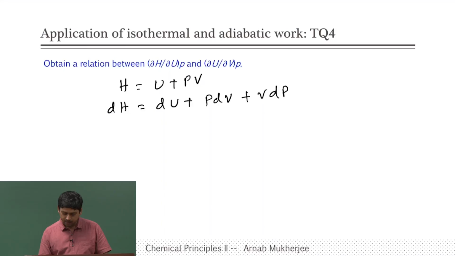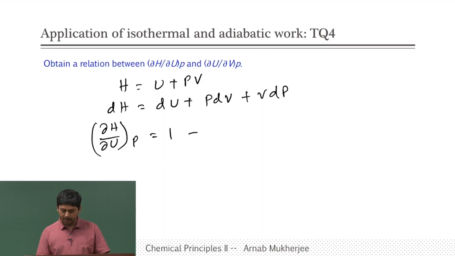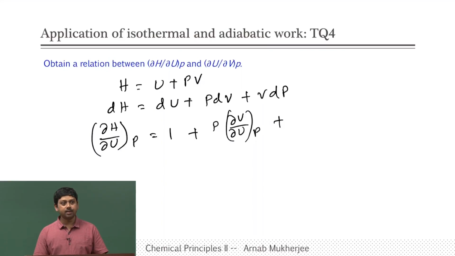Now, we are going to take the derivative with respect to u, del h by del u at a constant p. So, it will be del u by del u going to be 1, right, plus p del v by del u at a constant p, plus v del p by del u at a constant p, but dp is 0. So, this term will be 0. Now, you see it becomes very simple.